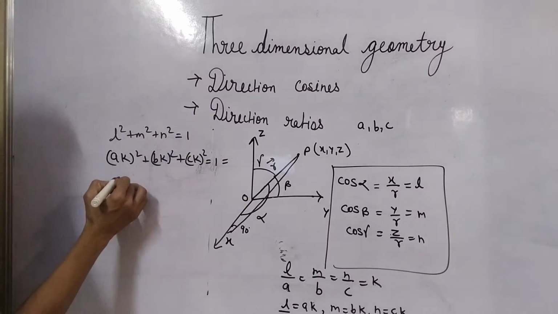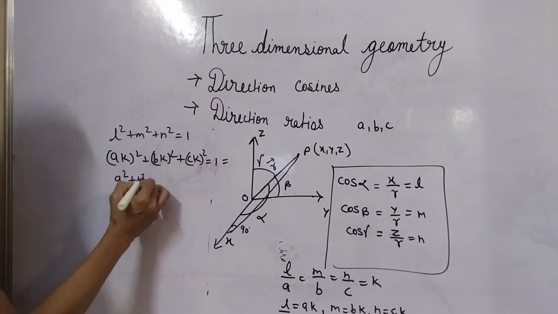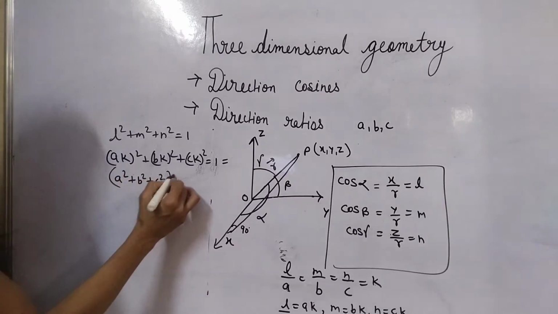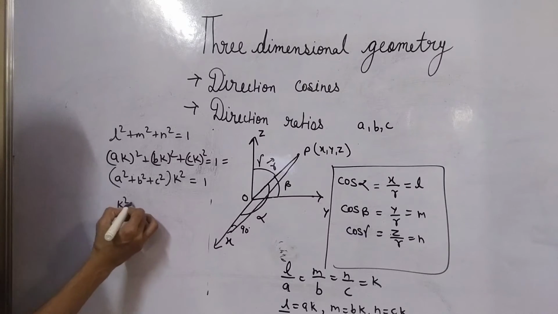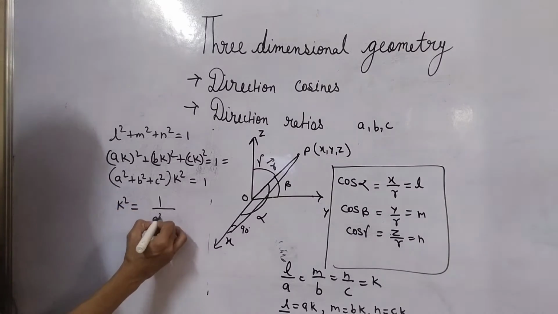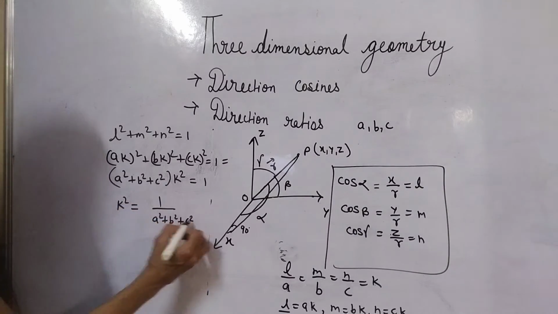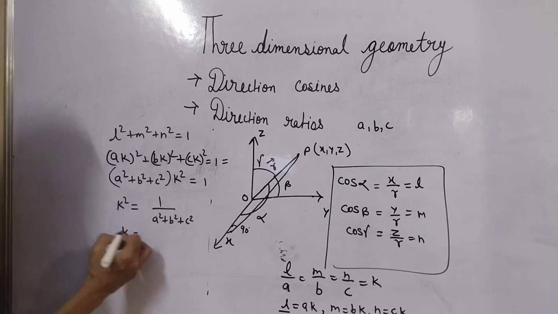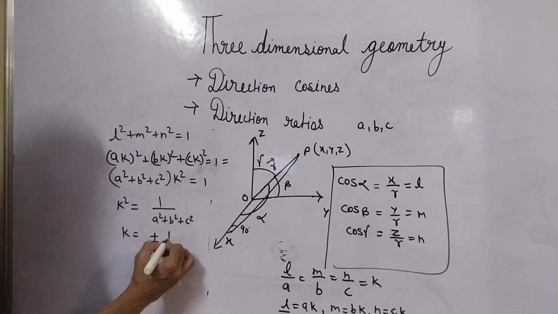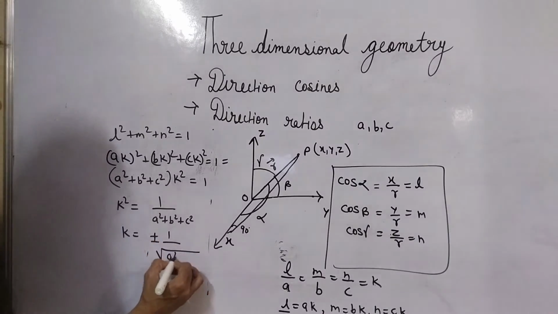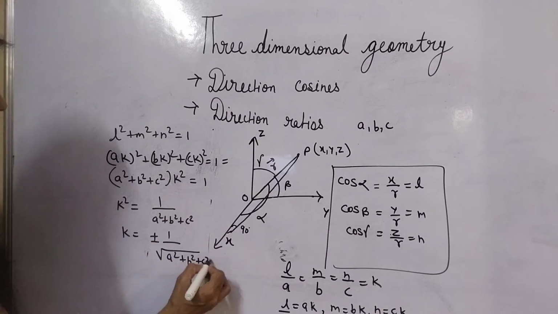Now (a square plus b square plus c square) k square is equal to 1. So k square is equal to 1 upon a square plus b square plus c square, and if we take the root, then k is equal to plus minus 1 upon root of a square plus b square plus c square.